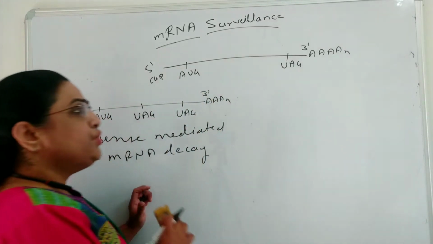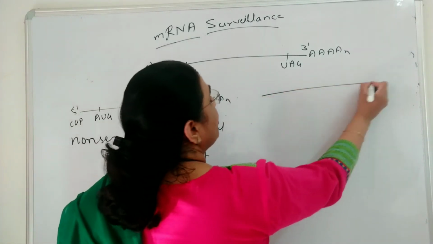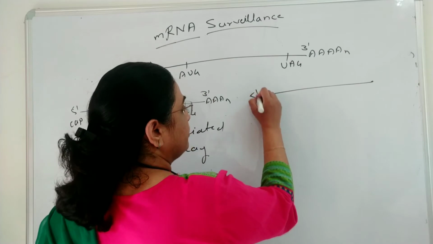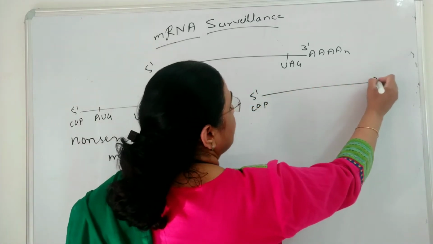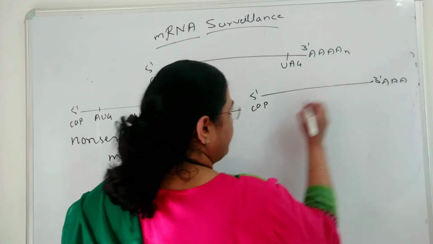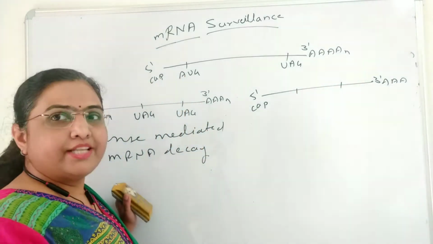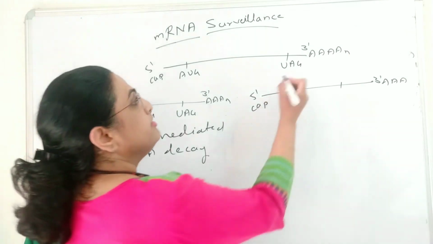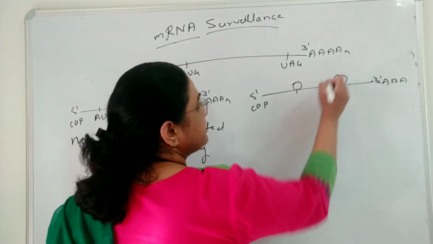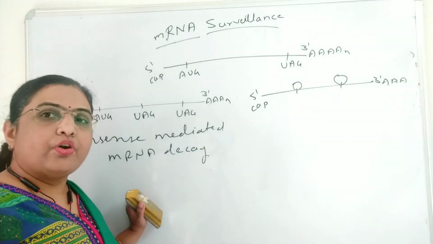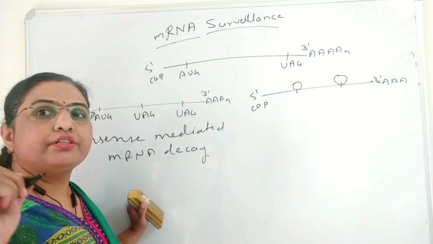Before that, we should know that after the splicing of the mRNA, wherever there is a joining of two exons, that is the exon junction, there is a loading of proteins, and these proteins are called the exon junction complex.